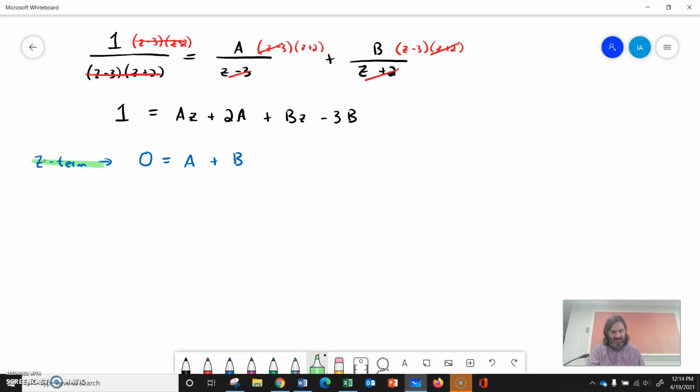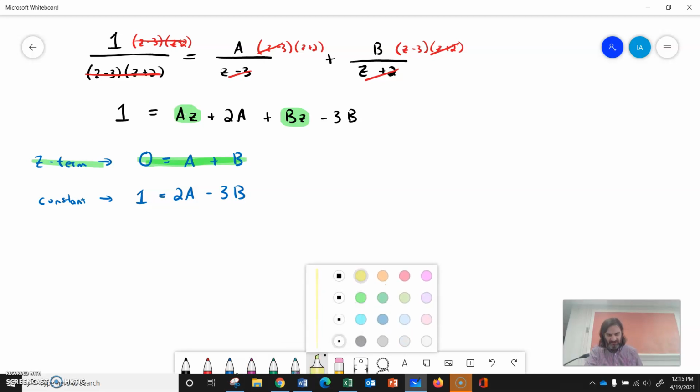See if this thing catches up with me. There we go. And then we also need the constants. So what does that have me? On the left there's 1, and on the right there's a 2A and minus 3B. So let's make sure we see where those come from.